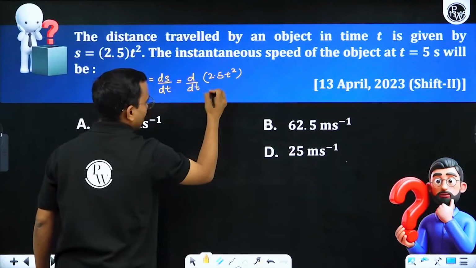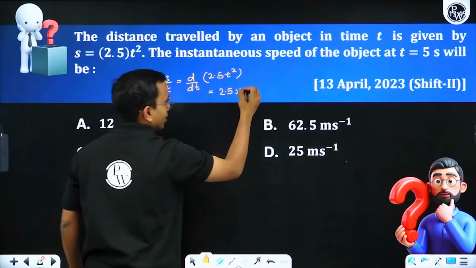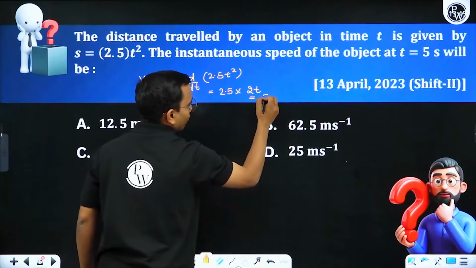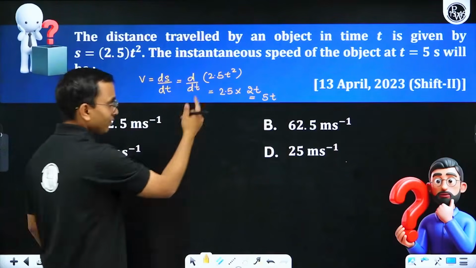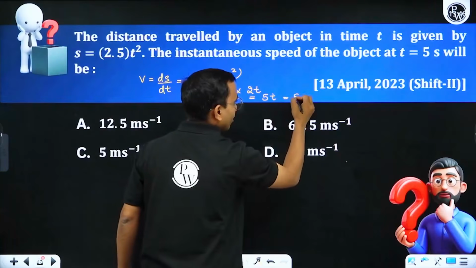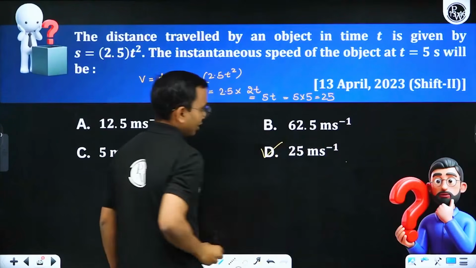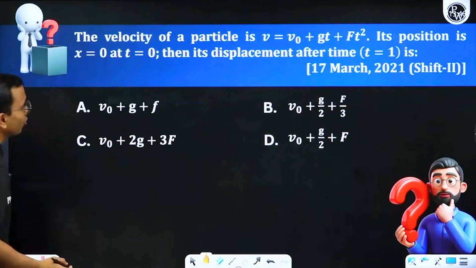This 2.5 is a constant, taking that out, 2t, if you differentiate t square it will become 2t, so this is 5t. And he is asking at t equals 5, so the answer will become 5 into 5, 25. Option D. Getting it?